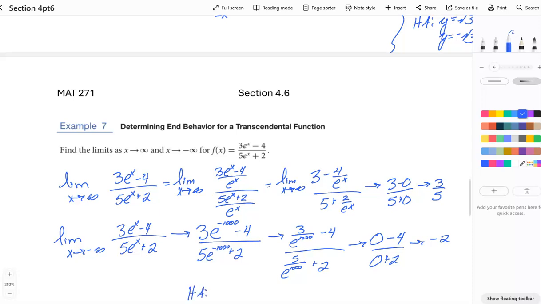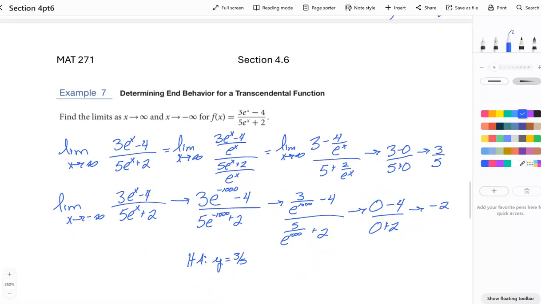So we have two horizontal asymptotes. We have one at 3 over 5, and we have another one at negative 2. As x goes to negative infinity, on that left-hand side, we're approaching y equals negative 2. As x goes to infinity, we are approaching y equals 3 over 5. So that one, we didn't have to do anything fancy. We just had to think about what that means when we have negative exponents.